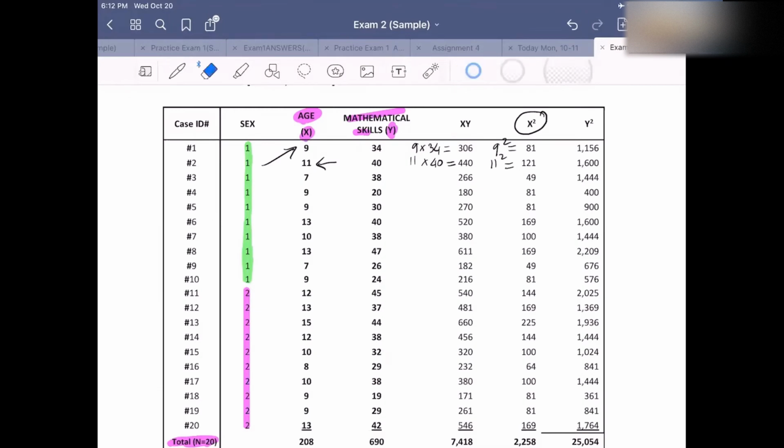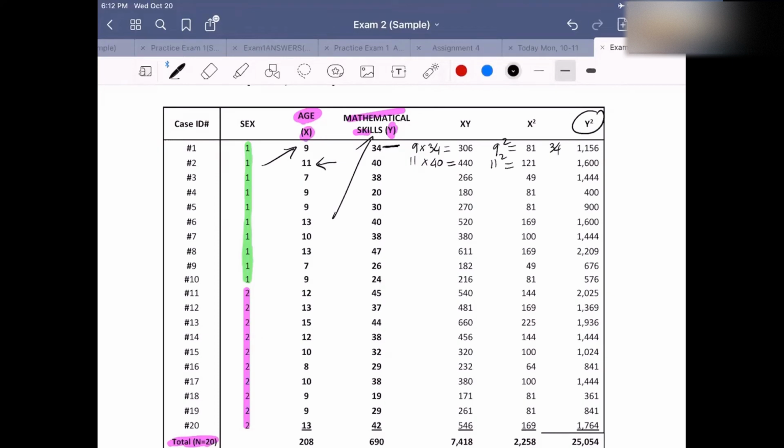And you do the same thing with all the rows, okay? And the next one is the Y squared. So for the Y squared, you look at the Y variables or the Y scores, right? The mathematical skill scores. And you can see that the Y for the first row is 34.